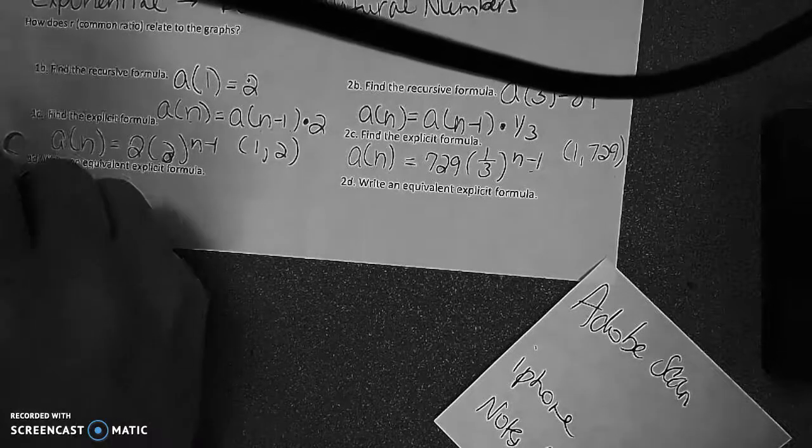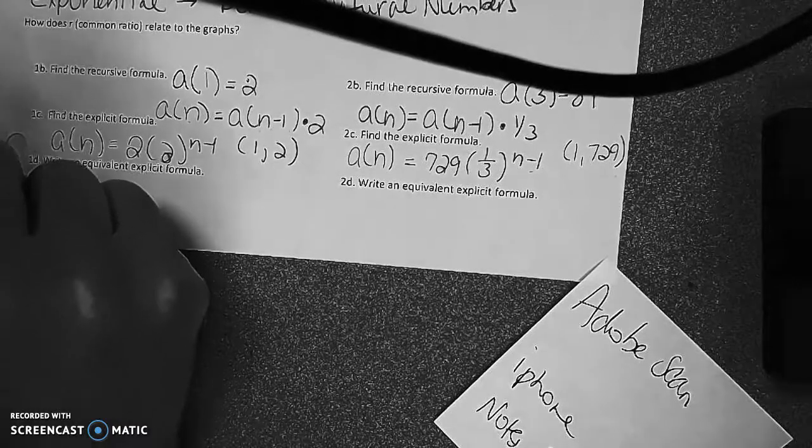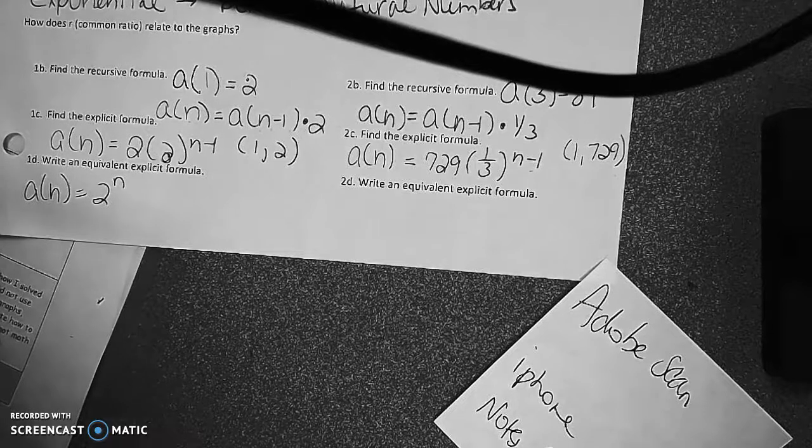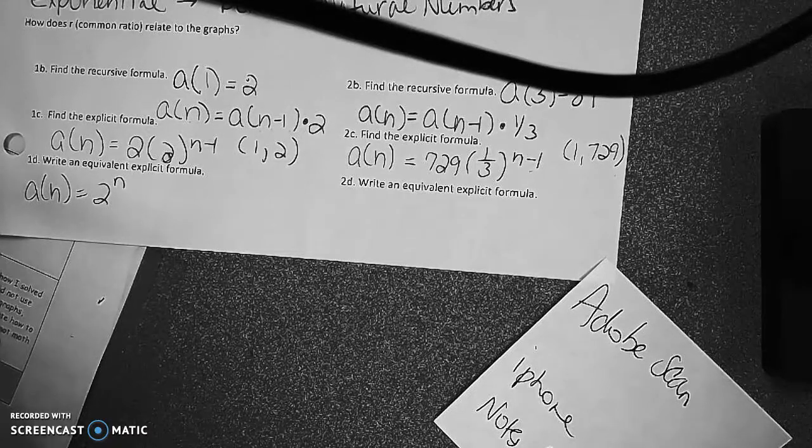In other words, could we not have said a sub n equals 2 to the nth? So that's one example.